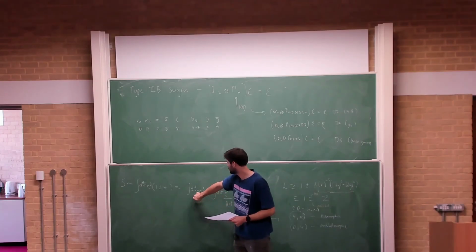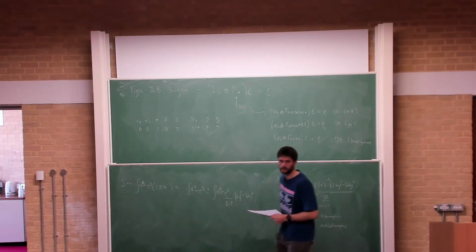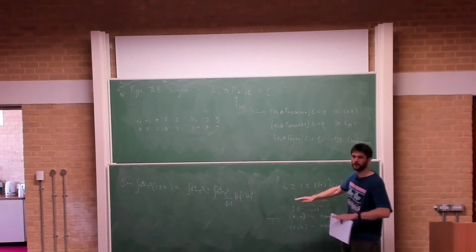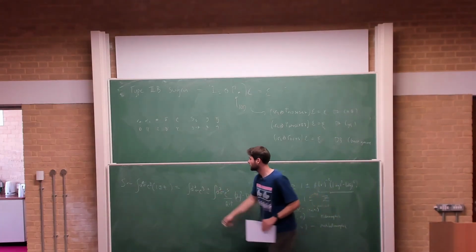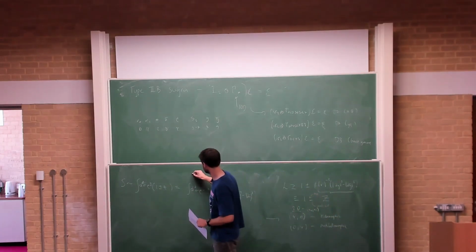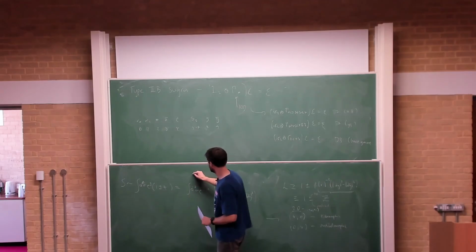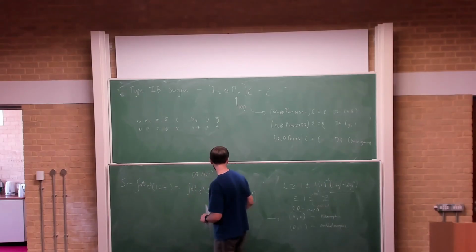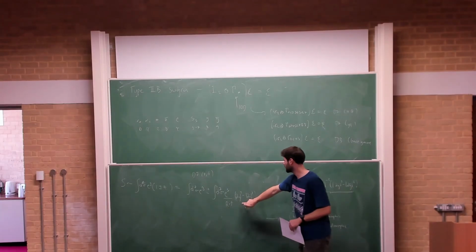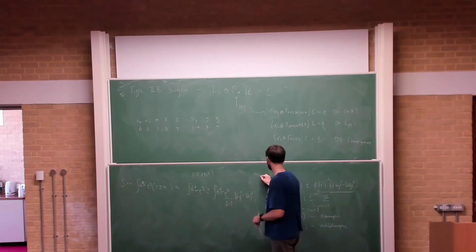This term is just the action for a vacuum D7 brane along the Z and Z bar directions. So if you turned Y off, this is what you'd get. So then this we can view as the contribution from a brane along the Z and Z bar directions. This quantity here is a measure going from the Z coordinates to the Y coordinates.